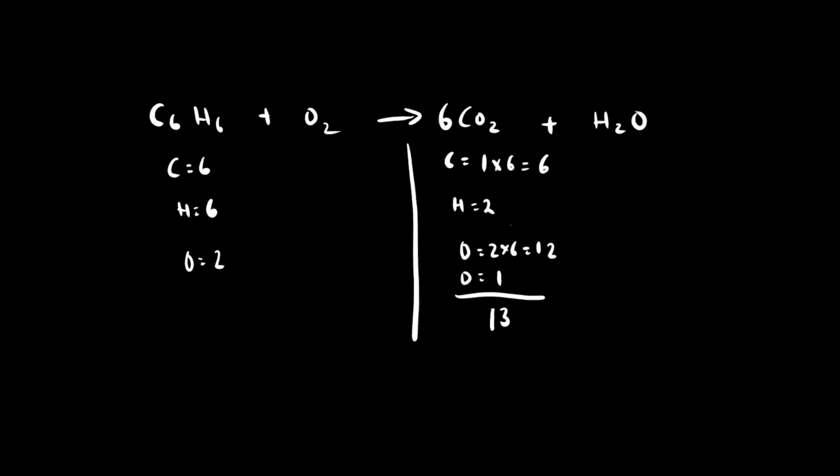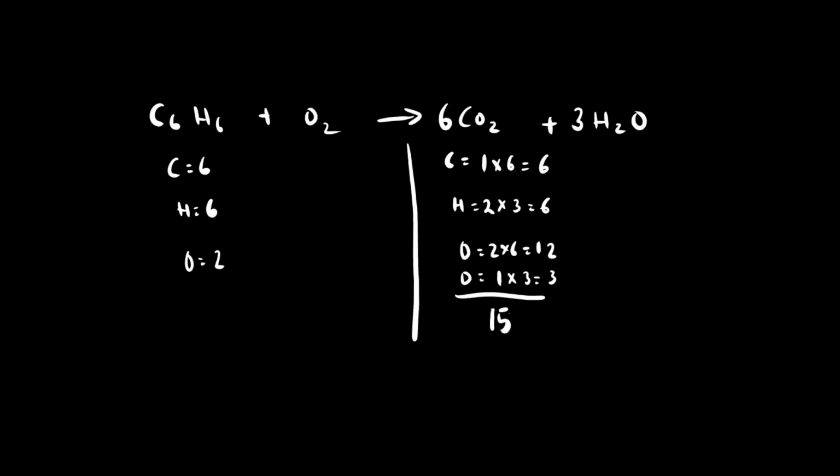Least common multiple of 6 and 2 is 6. So we need a coefficient of 3 in front of the water. And so now we have 6 hydrogen on the right and a total of 15 oxygen on the right.